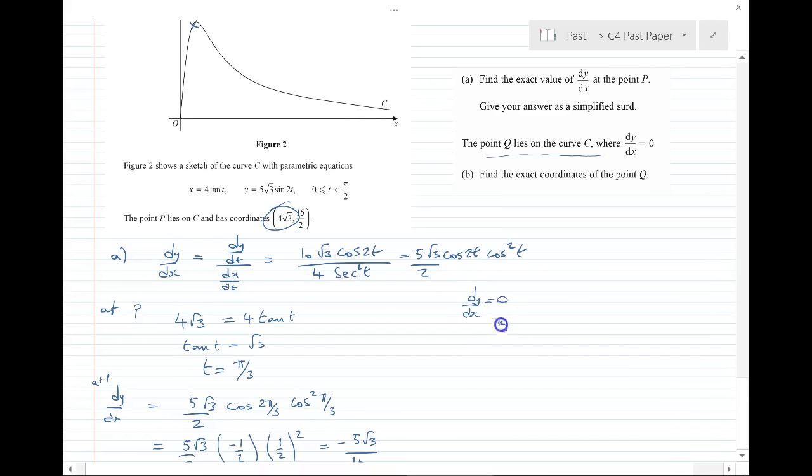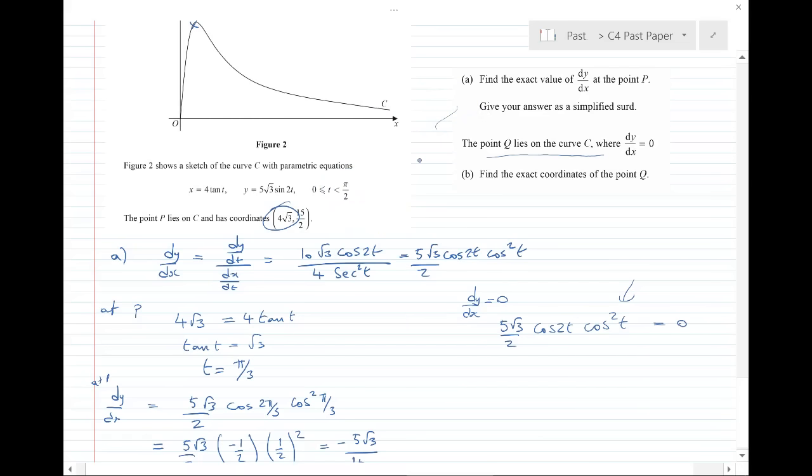And the way I've written it is 5 root 3 over 2 cos 2t cos squared t equals 0. Well, now cos squared t equals 0 is not going to apply here, because cos t is equal to 0 when it's pi by 2, and that's outside our range. It's going off somewhere at that point, so that's not appropriate.